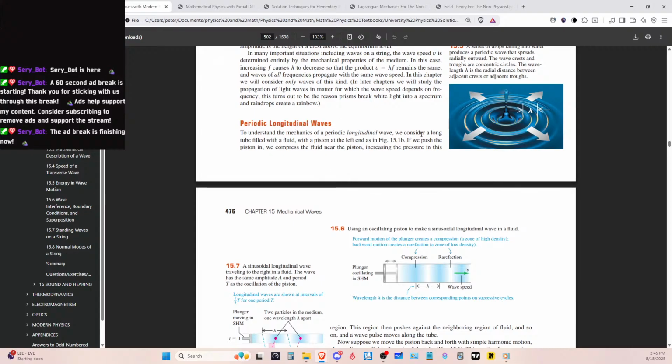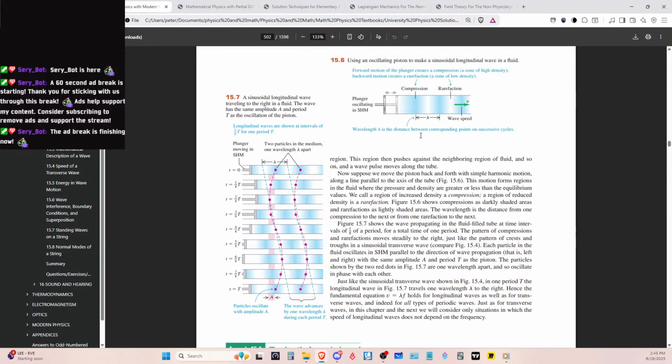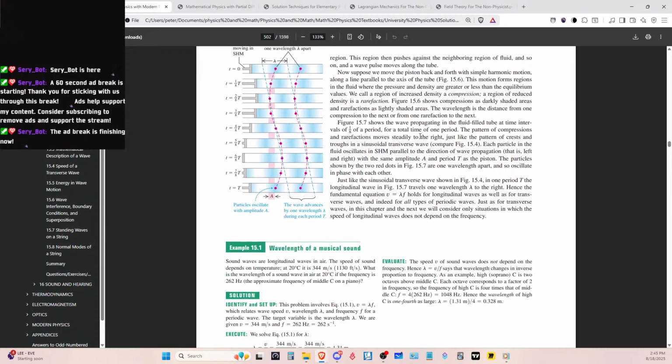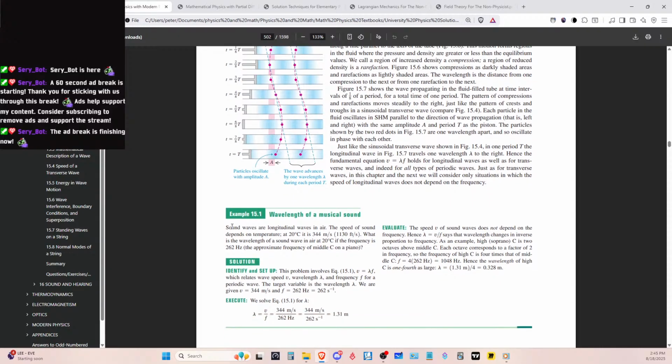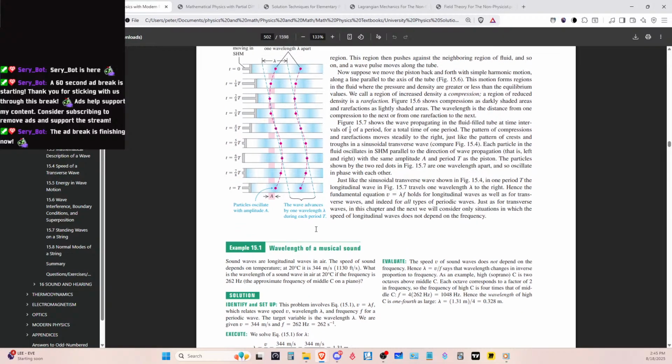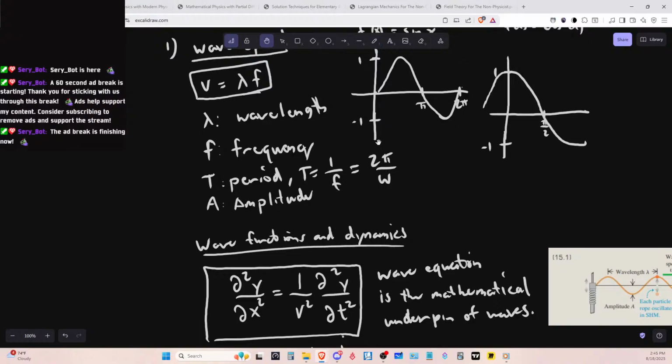Periodic longitudinal waves. Here's an example. I think we can just try to do this as an example here. Let's take this problem and see if we can do it ourselves.